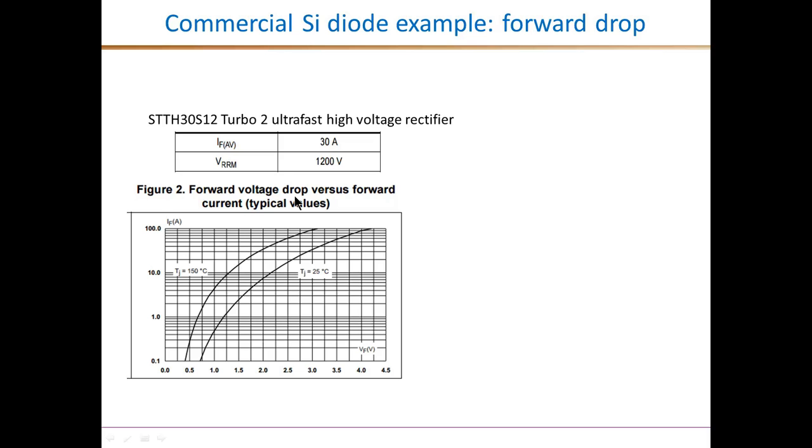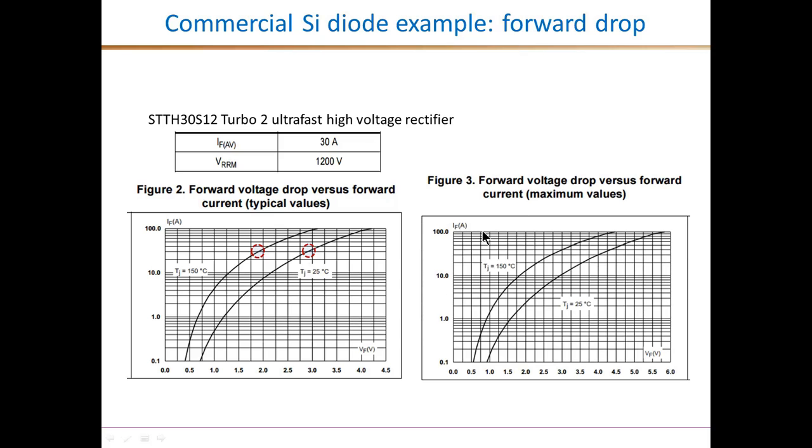So these are typical values. For example, at a junction temperature of 150 degrees C for 30 amperes, it's about 1.8 volts versus around 25 degrees C, where it is closer to 3 volts forward drop.